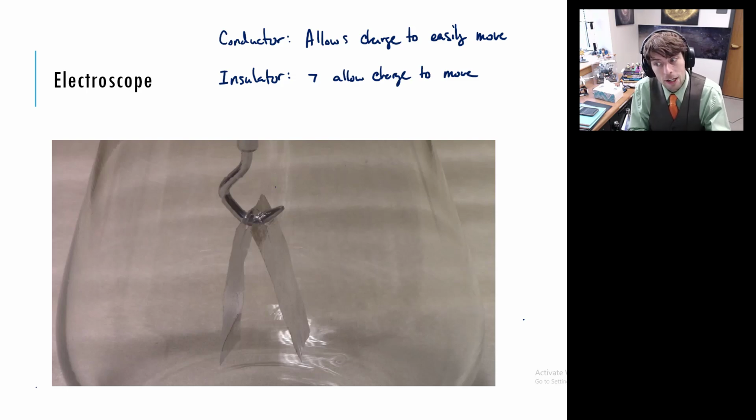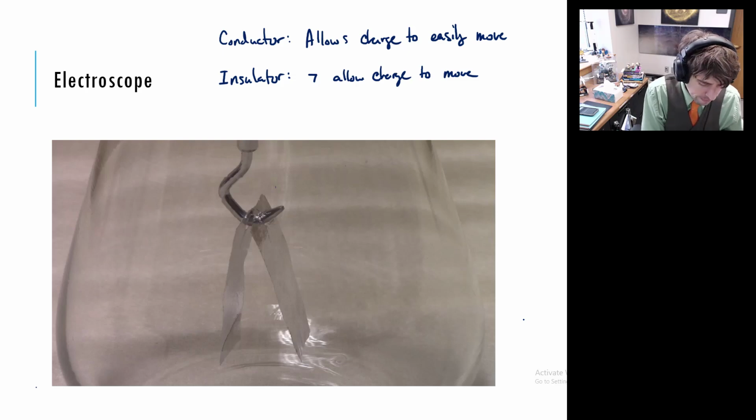The amount of time that I spend charging up the glass rod would mean that there's proportionally more charge, which means I deposit more charge on the electroscope, and so that gives you an idea. Okay? Pretty cool, huh? Yeah, good.